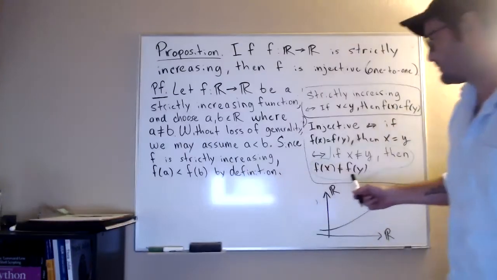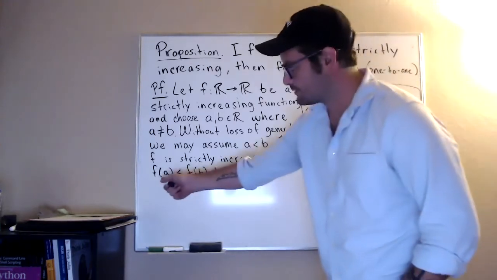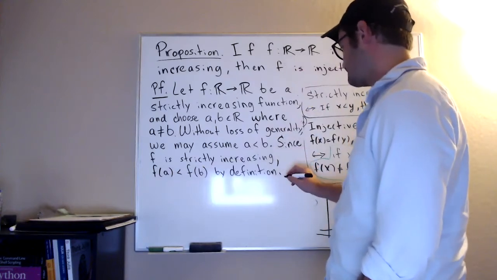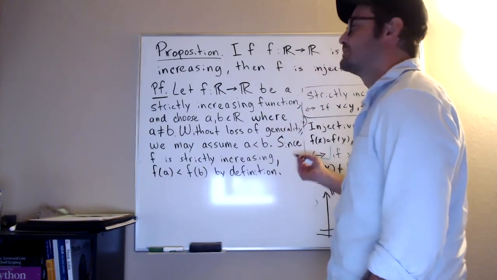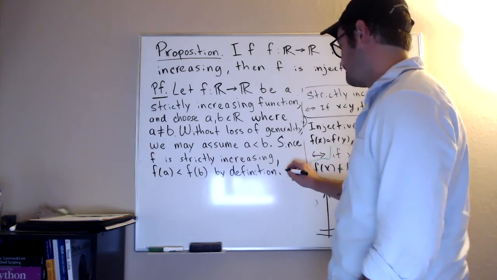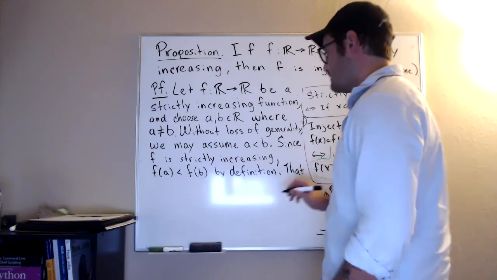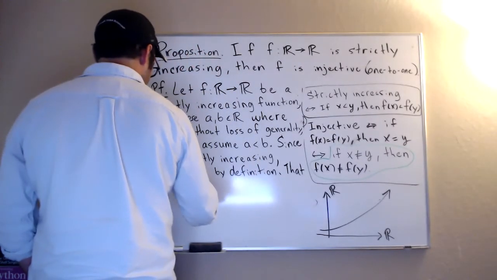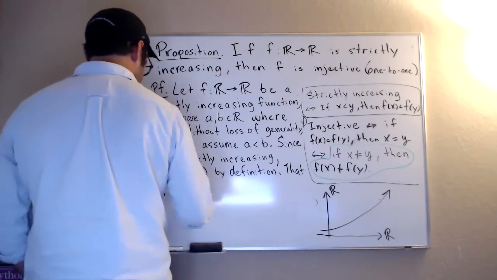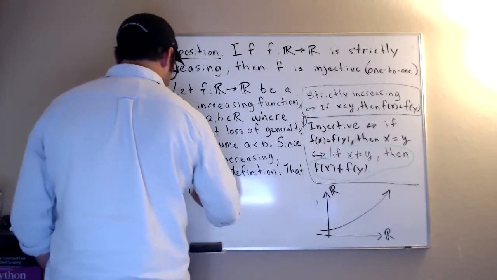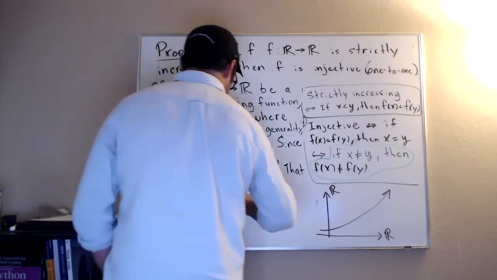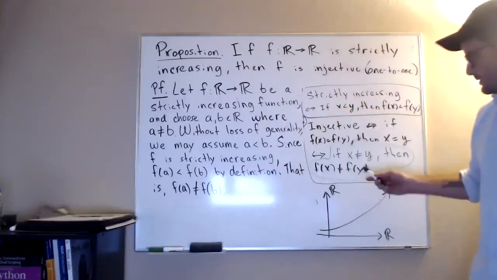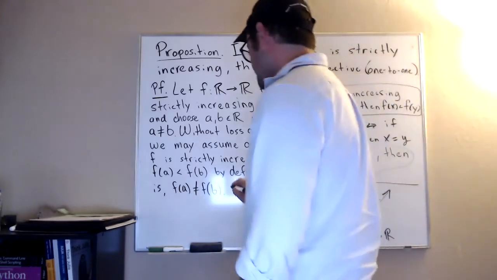And then we can just finish it off by saying that, in particular, that is, f of A is not equal to f of B. Just to emphasize that we've gotten to the conclusion that we wanted to, right? So we can just finish it off.